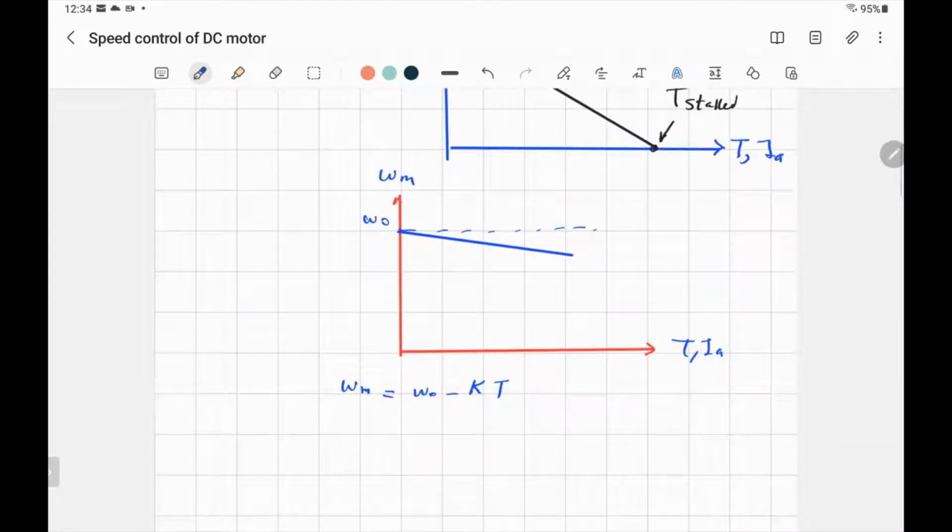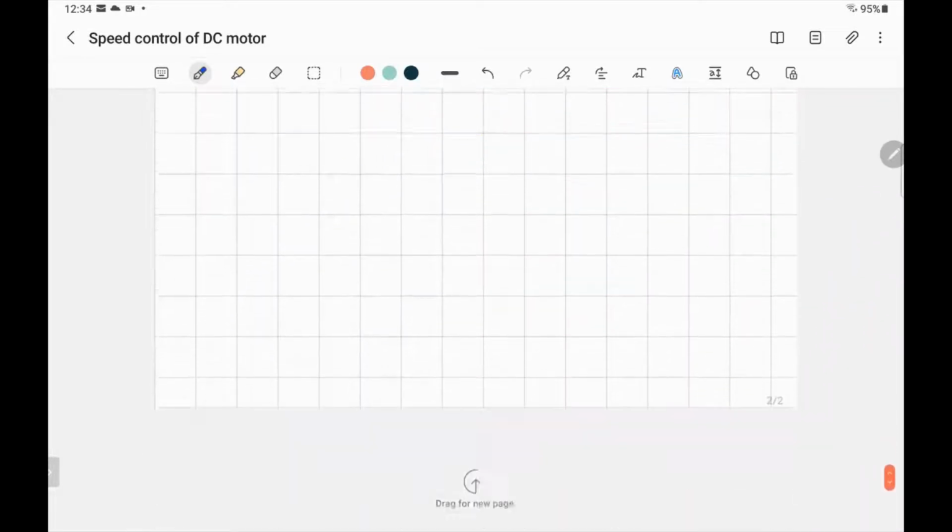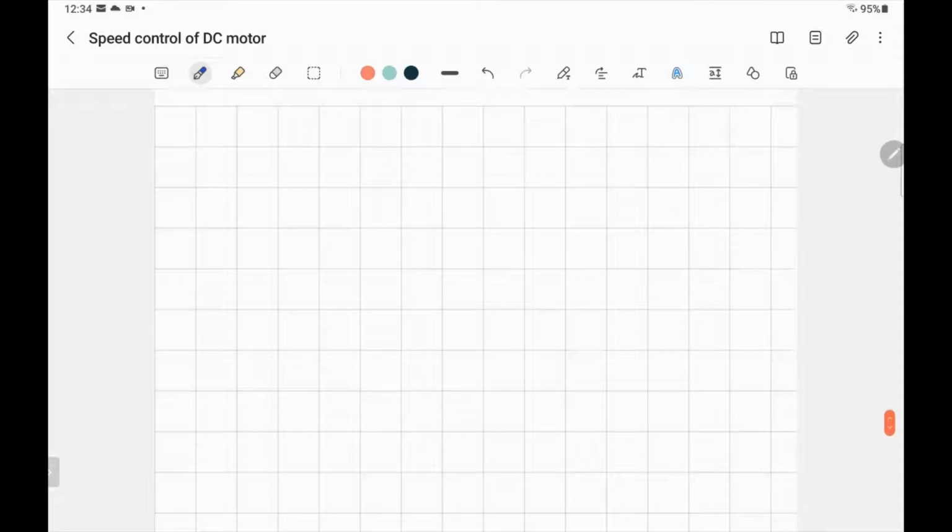Since now we know the relationship between the speed and the torque, now let's go, how can we control the speed of the machine? There are three methods. So, speed control of DC machine.